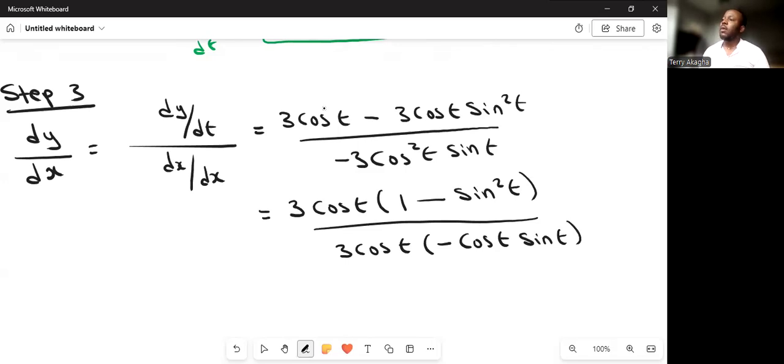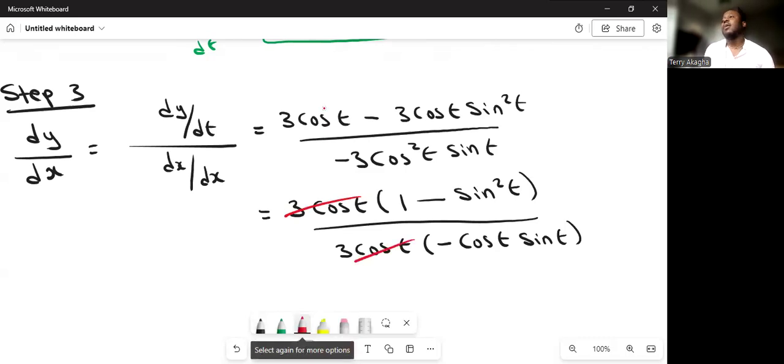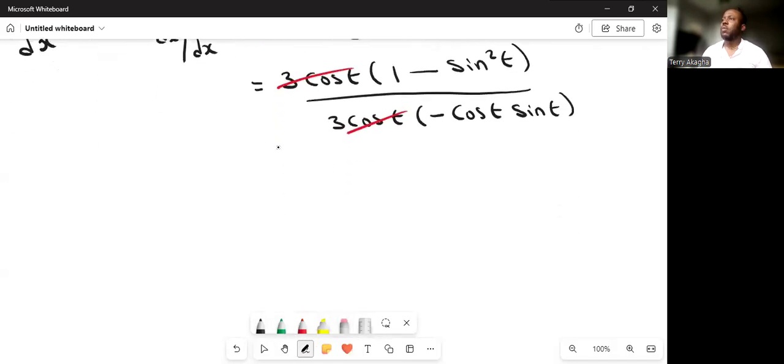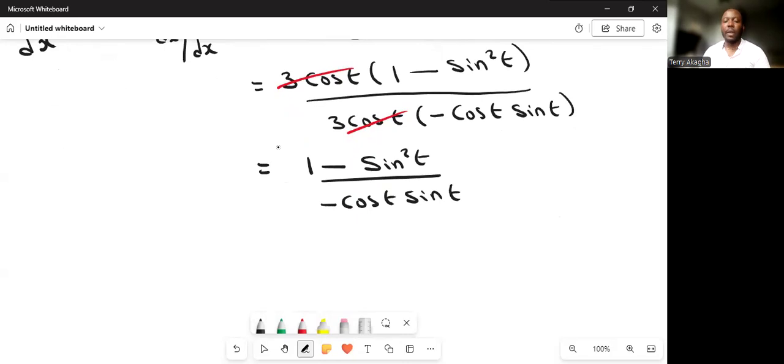Are you seeing it? Then we can cancel this out. So 3 cos t, we cancel that out. Then we'll now have 1 minus sine squared t all over minus cos t sine t. Okay.